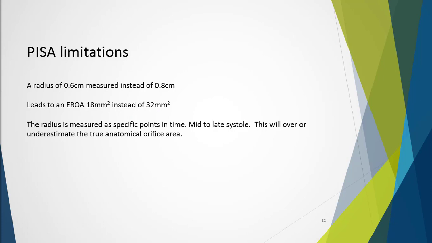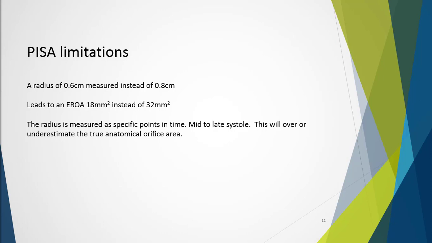The radius is measured at a specific point in time, which is typically mid to late systole for mitral regurgitation. An effective orifice estimate is made of the flow at that particular point in time. This can over or underestimate the true anatomical orifice area.